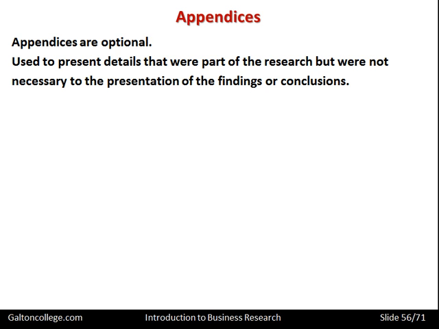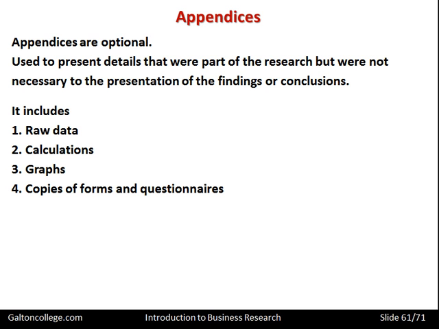There could be previous reports or previous pieces of research. It could include raw data, for example. You don't want to make the report cluttered by presenting lots of raw data. So put the raw data into the appendices. Likewise, any calculations, the calculations can go into the appendices.